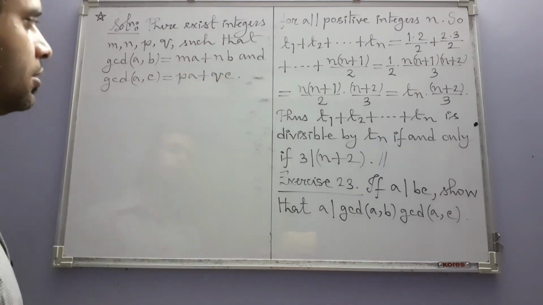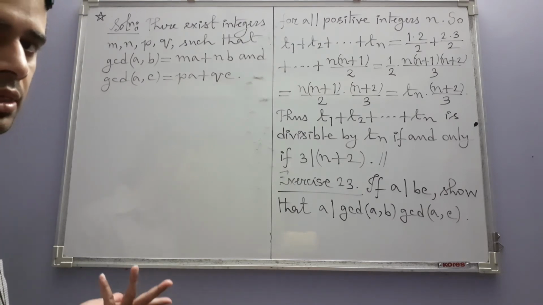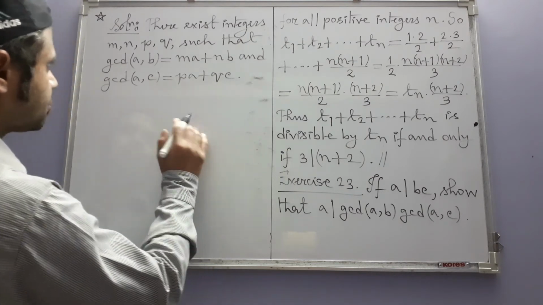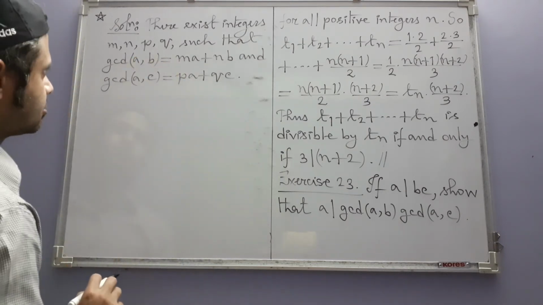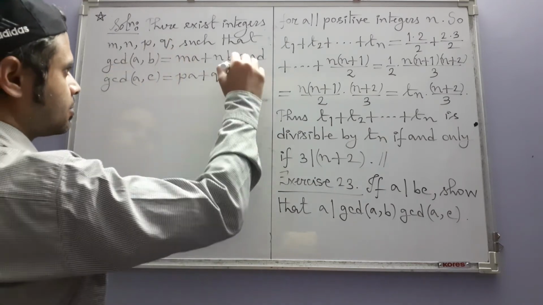P and Q often denote primes, but we can use them as just some integers. If you want, you can use something else here also, maybe t, s.